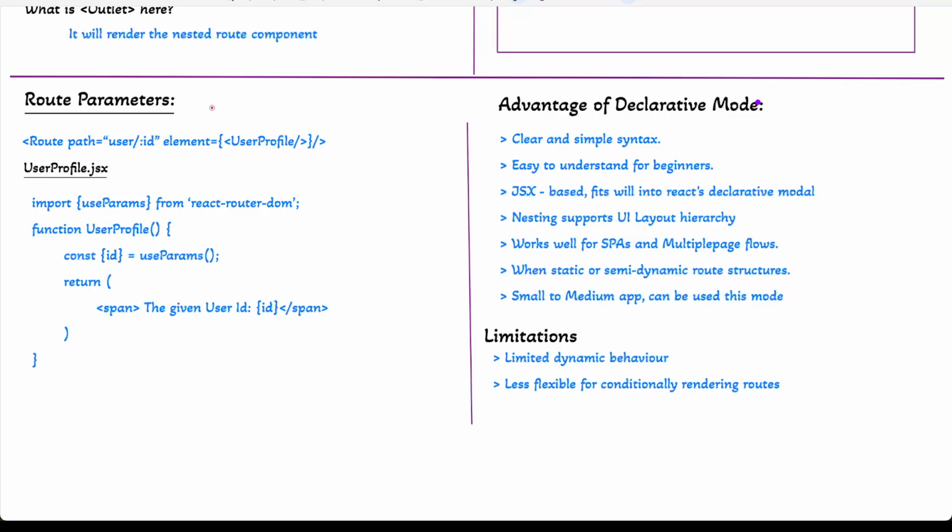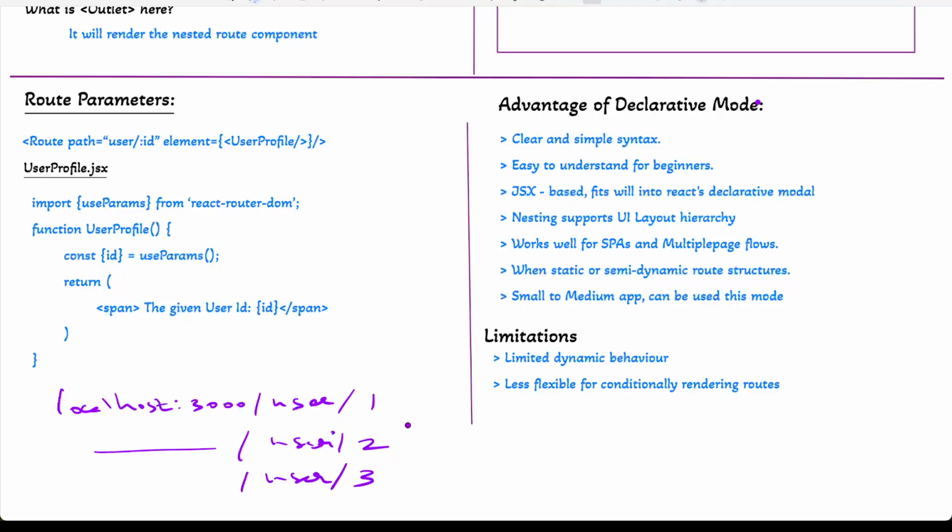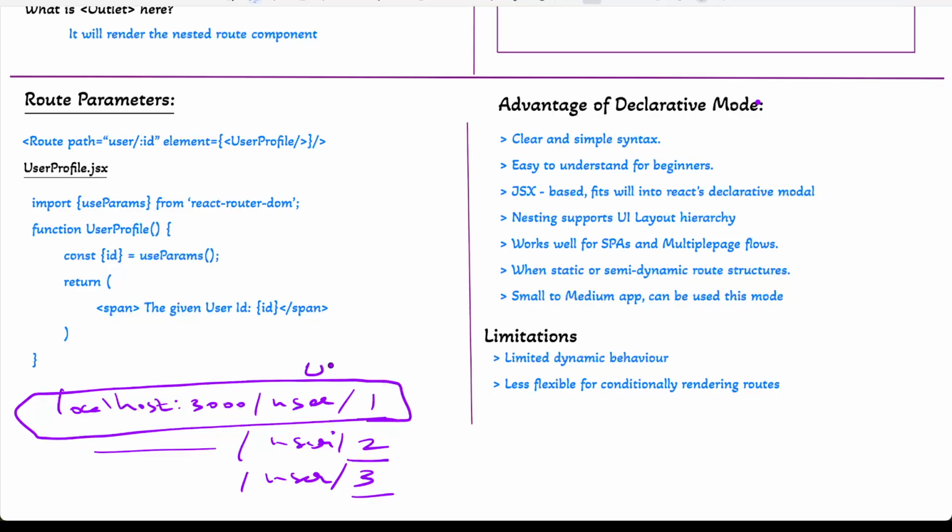For example, something like this: localhost 3000 user 1. Same thing, user 2, user 3. So these are all IDs. But anyway, this is one unique resource.